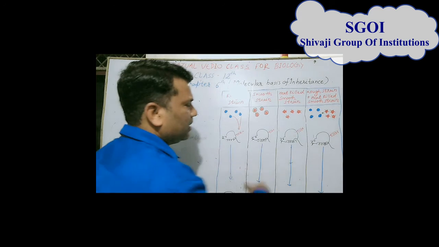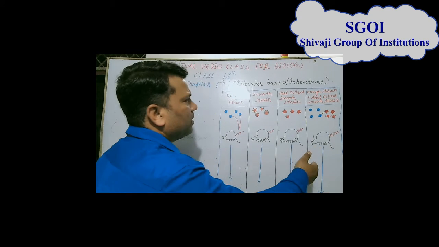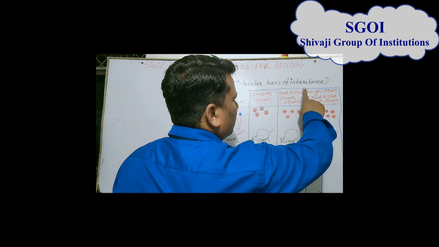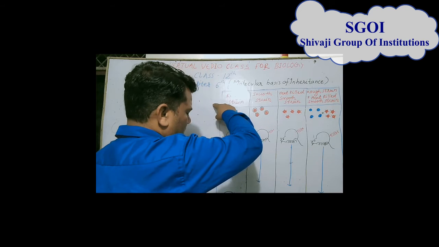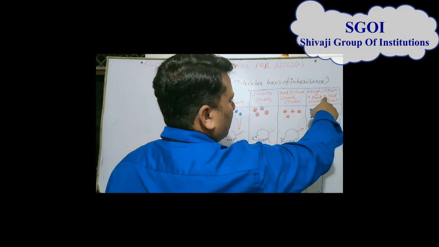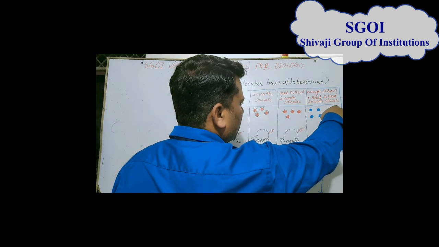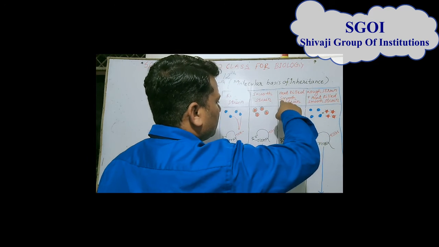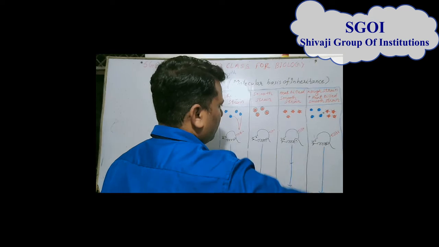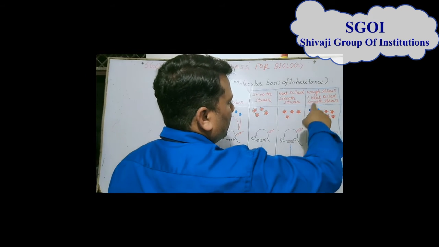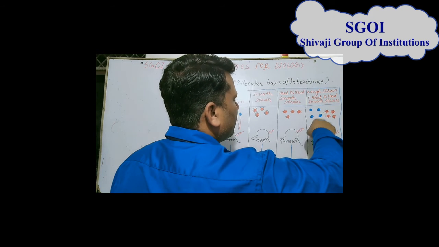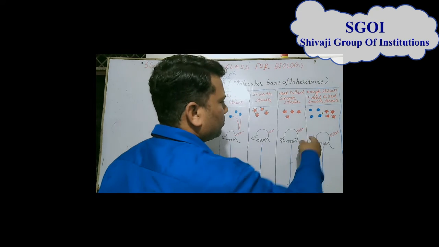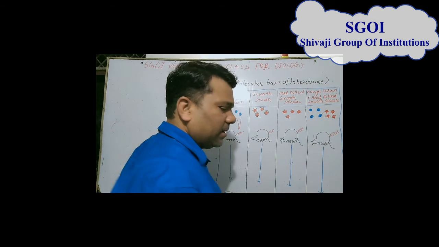And in his fourth experiment, he took the rough strain, which is non-virulent, and heat killed smooth strain, which is non-virulent in nature, as you saw in the third experiment. When he took a mixture of rough strain and heat killed smooth strain and injected it into the mice, the mice will die.